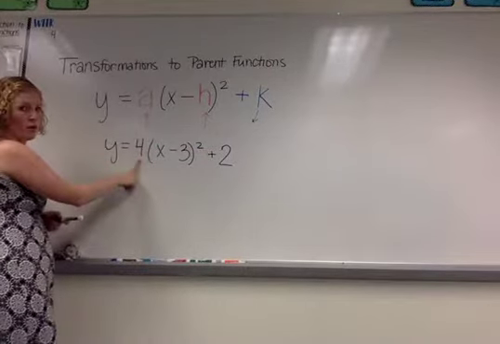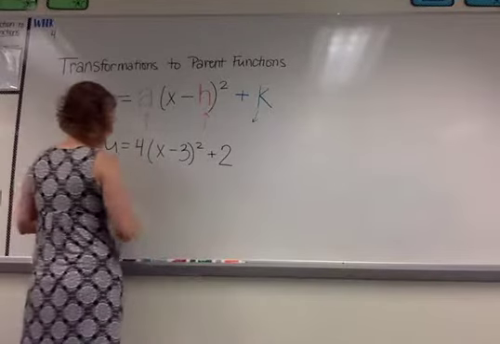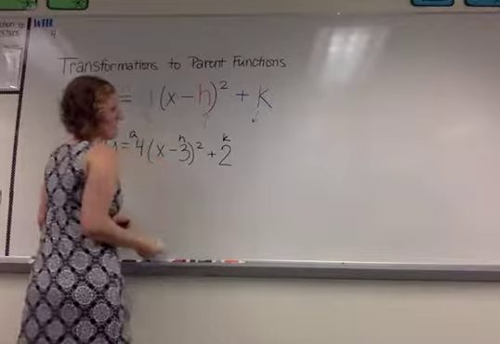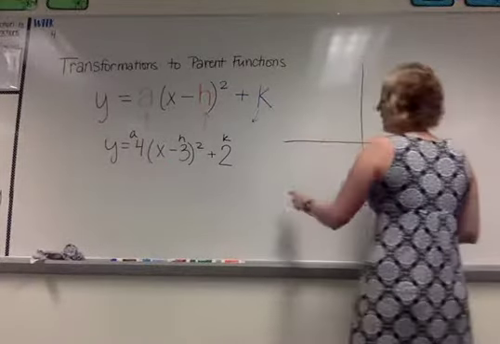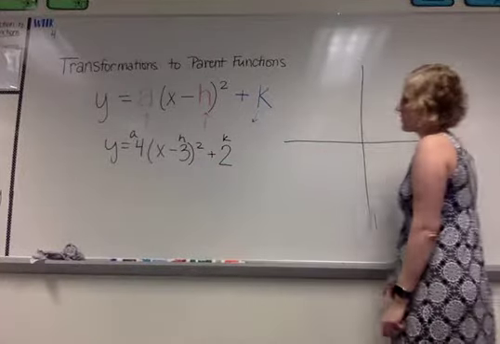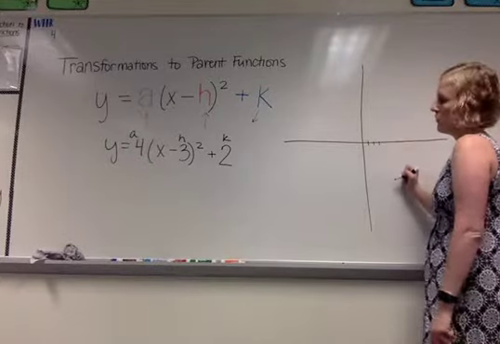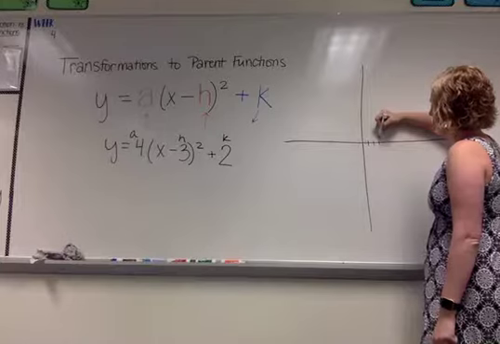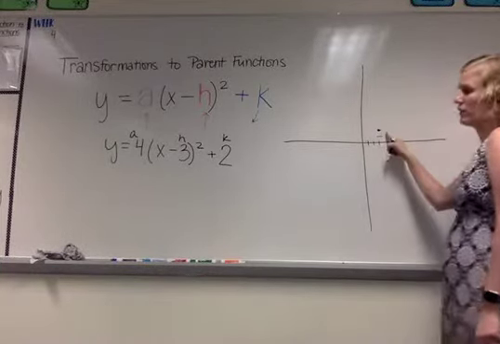Okay, 4 is the a value. Negative 3 is h. So a, h, k. If it helps you to write it out every time, do so. But this negative 3 is going to move it right 3. So 1, 2, 3. Move the vertex right 3. And then the k value is going to move it up 2. So 1, 2. That's my vertex.